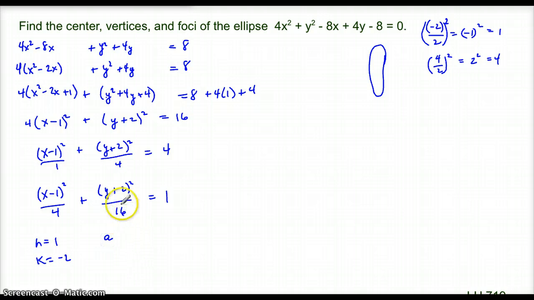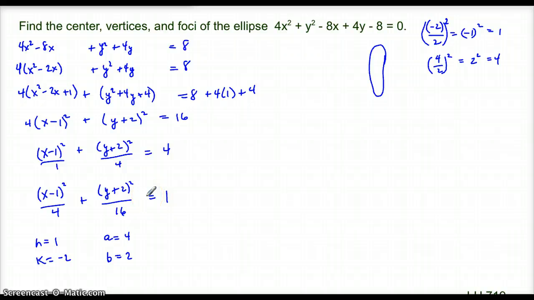A, this 16 represents a squared. Okay, so a is therefore the square root of that, or 4. This represents b squared, so b has to be 2. Okay. And finally, to get the foci, we're going to need the c value.